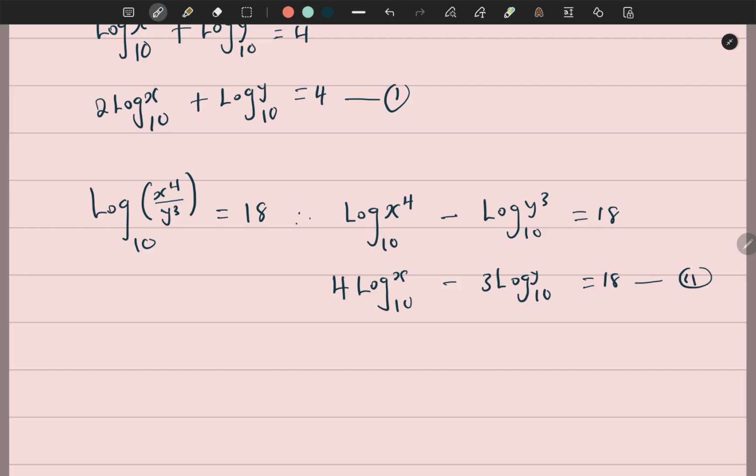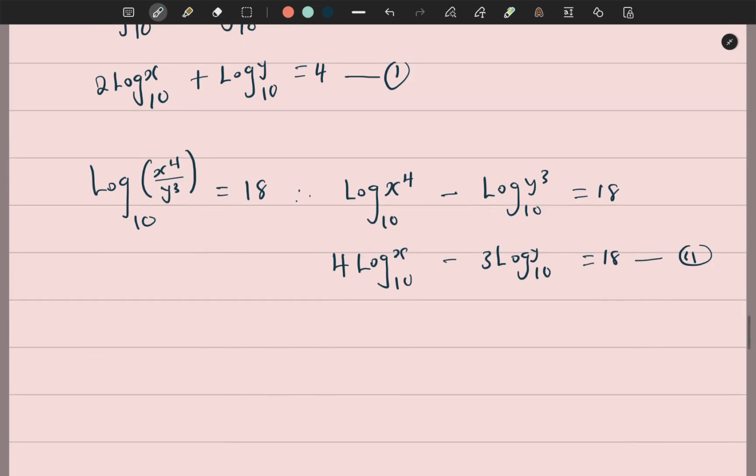When you check the two equations we just obtained carefully, you realize that log x base 10 and log y base 10 are the terms in equations 1 and 2. So we can easily represent them as p and q respectively.